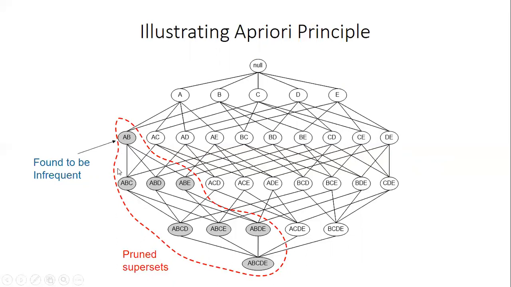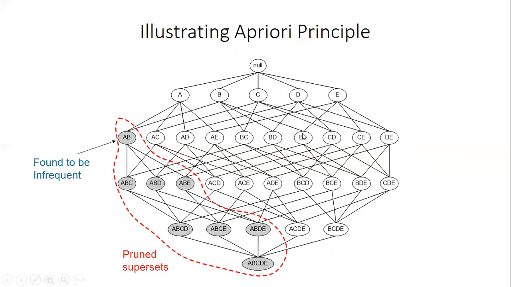Why? Because the apriori principle will prune out the infrequent item sets. Here you can see 1, 2, 3, 4, 5, 6, 7, 8. 8 are pruned out. They have been eliminated from the candidate item sets. So only 24 need to be scanned.